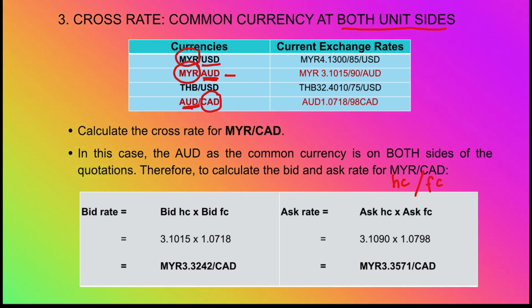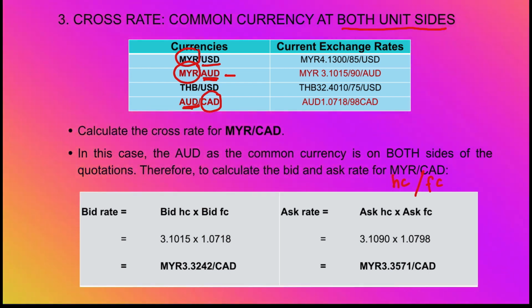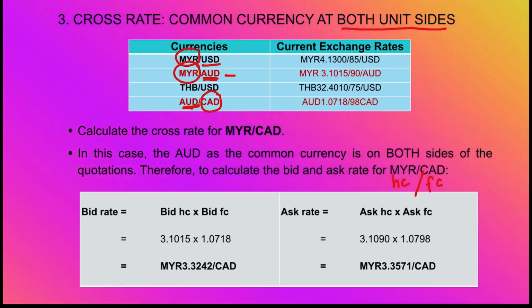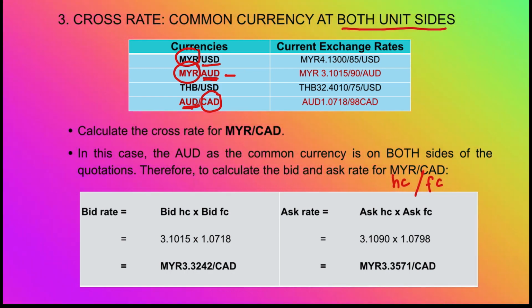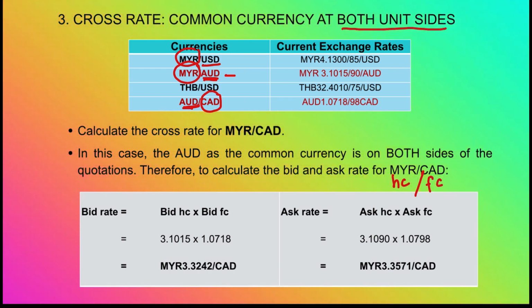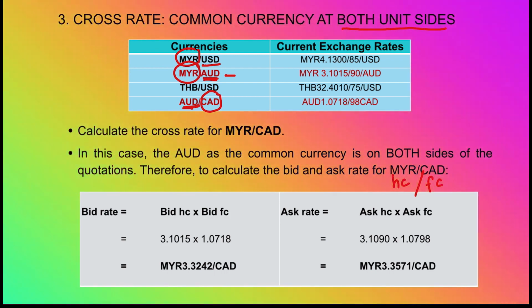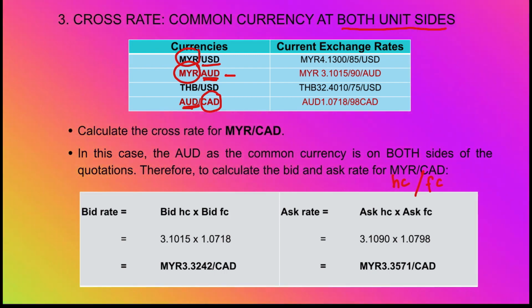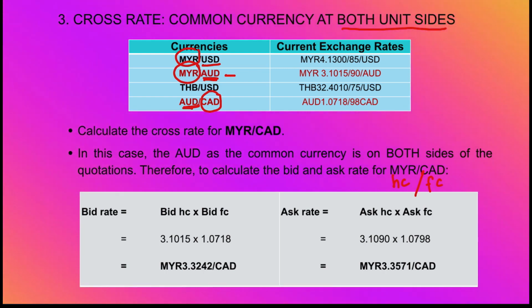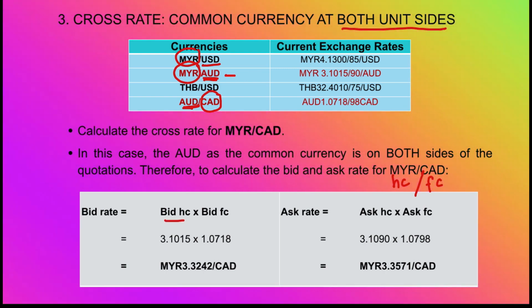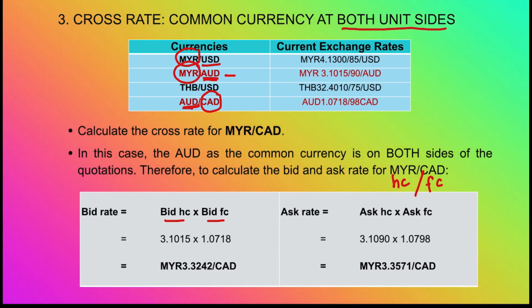In this case, the AUD as the common currency is on both sides of the quotation. Therefore, to calculate the bid and ask rate for home currency per foreign currency, Malaysia ringgit per Canadian dollar, the calculation is a little bit different from the other two ways. It is bid home currency times bid foreign currency.